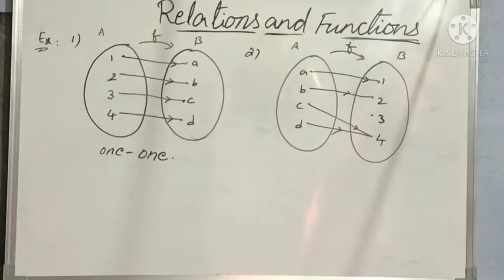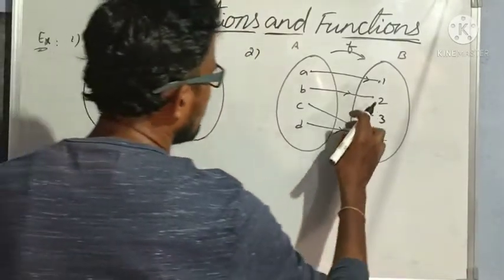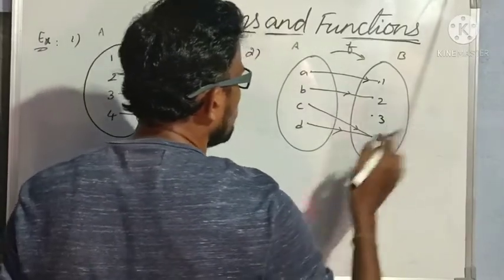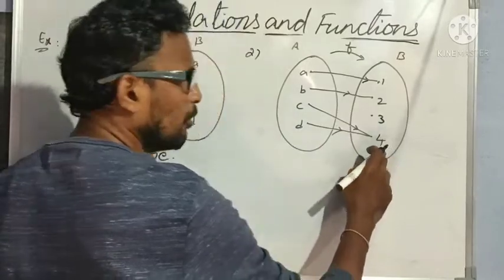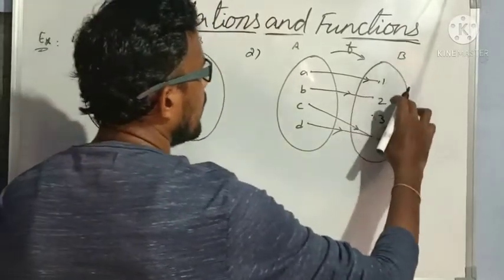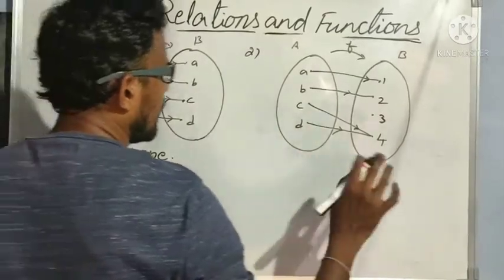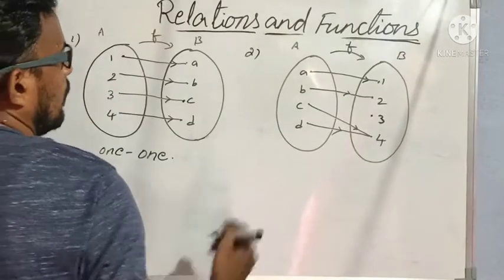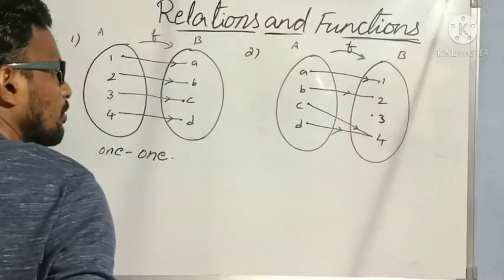Now let us go to many-one function. Many-one function means more than one element of A is mapped to the same element in B. Here C and D are mapped to 4, irrespective of the remaining elements in the codomain. We can be left over with codomain values, but we cannot keep any element of A without mapping, then it will never be a function.